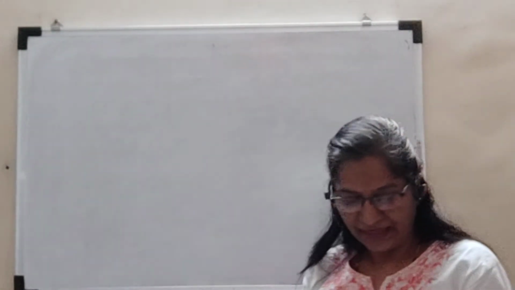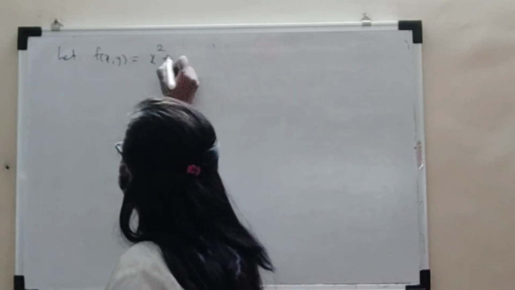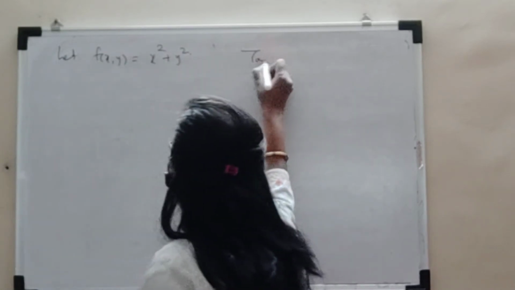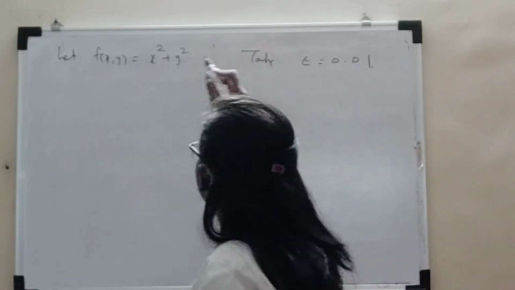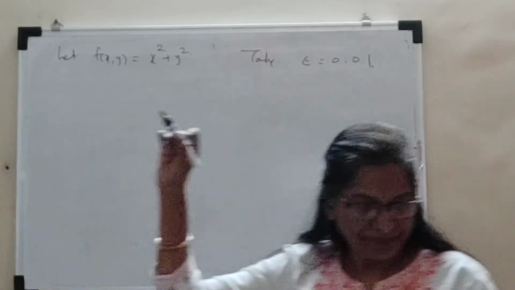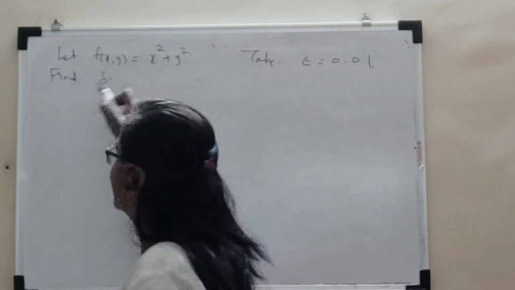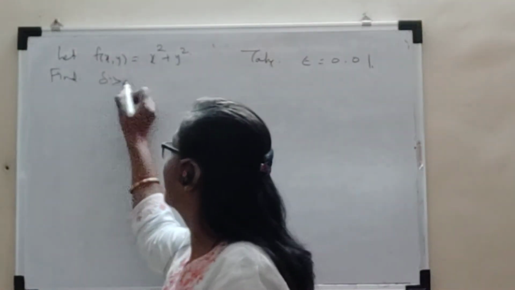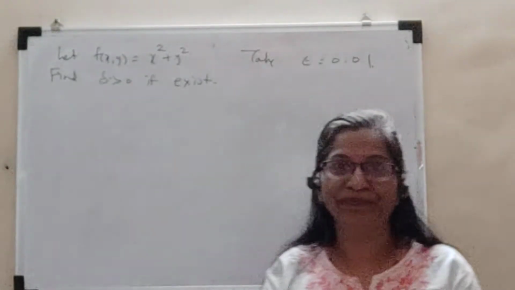Let f of xy is equal to x square plus y square and take epsilon is equal to 0.01 and find delta. Find delta greater than 0, if it exists, by using this Epsilon-delta definition.